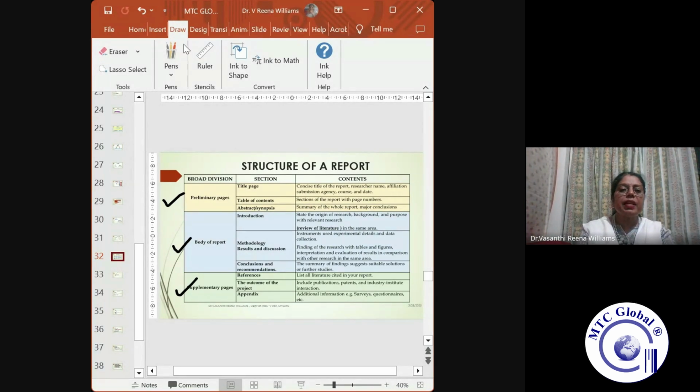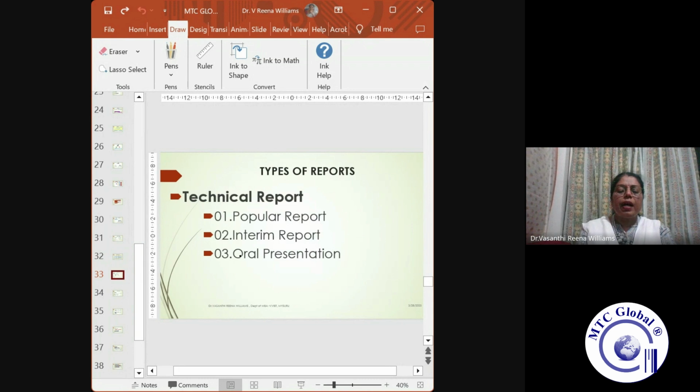So this is basically the simplest way of understanding how the structure of the report is prepared. And these are three basic types of reports. Popular report, that means the regular general report, the interim report, and an oral presentation. A popular report follows the same method that you would have followed, according to what I discussed yesterday with one of the participants.